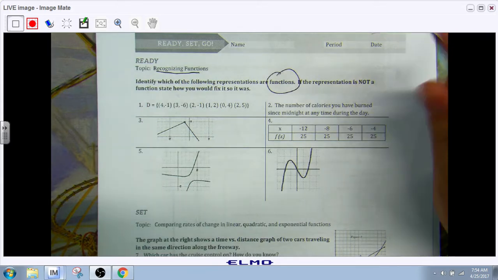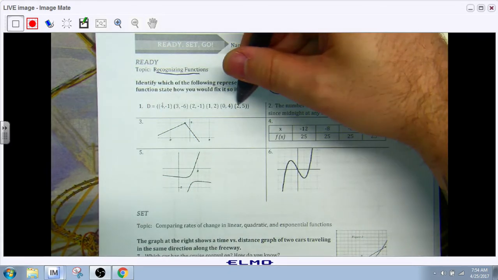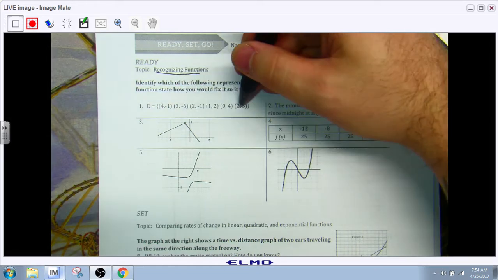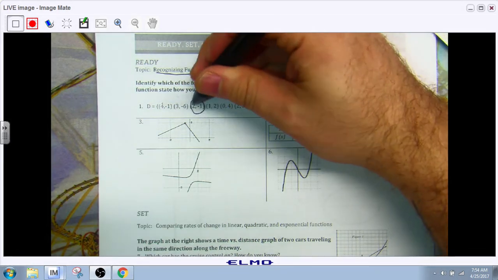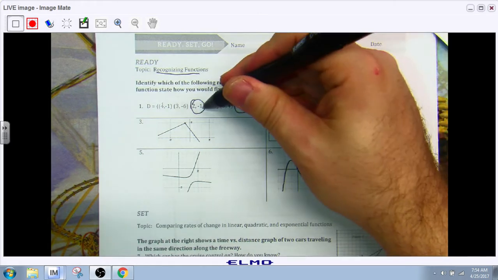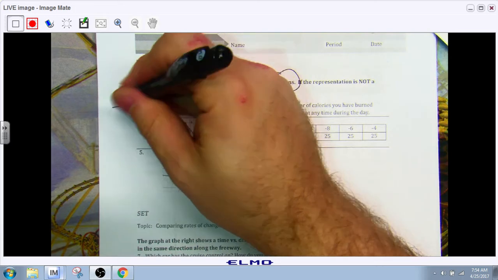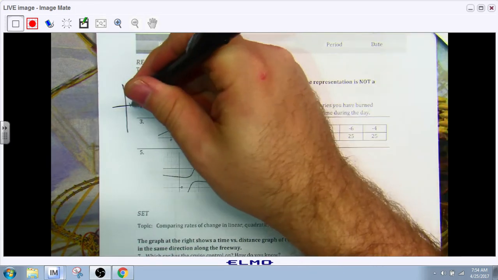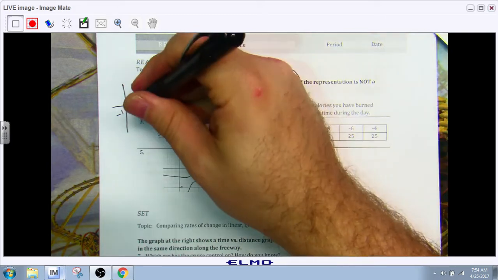So let's go ahead and see what's happening. What are our x's? 4, is there another 4? No. 3, is there another 3? No. 2, is there another 2? Yes. And we can see that 2, negative 1, and 2, 5 are both represented. So what would that actually mean? It would mean at x equals 2 and y equals negative 1, we would have a point.